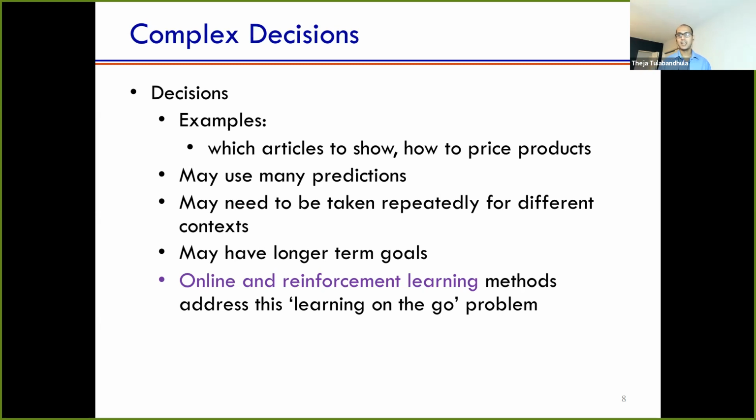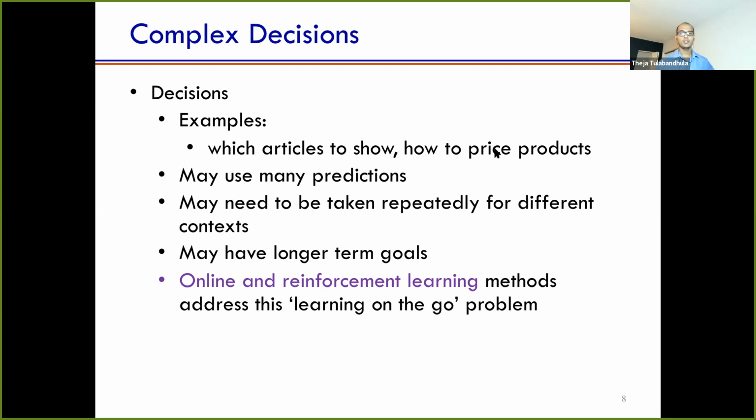But in most real business cases, the mapping from predictions to business decisions may not be that simple. For example, how to price products is not just based on raw demand. There could be cross elasticity or some other effects, or maybe your own budget, or many other things that may influence your pricing decisions.